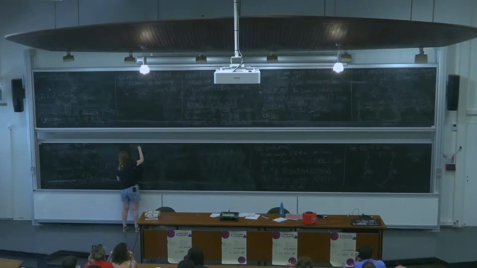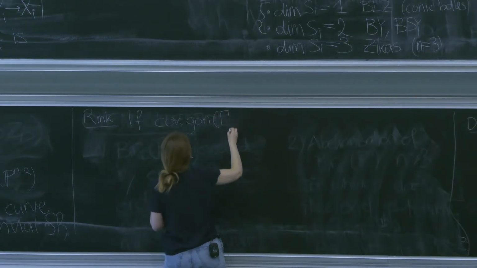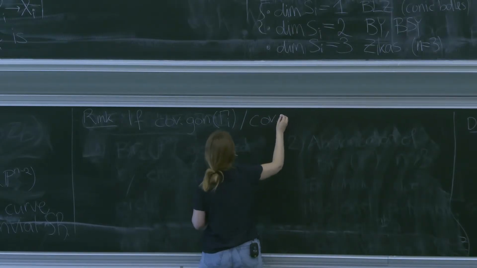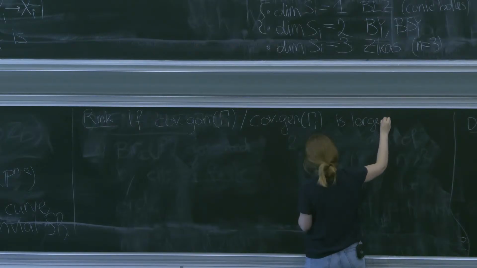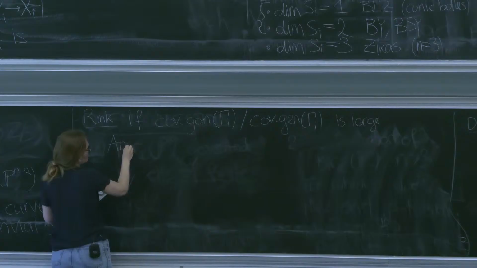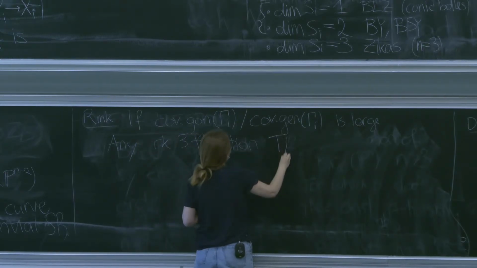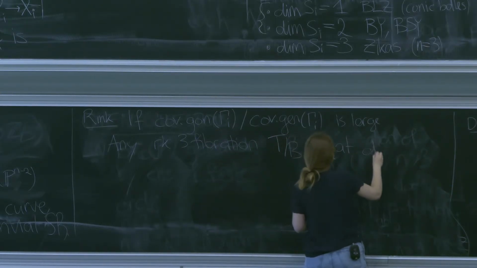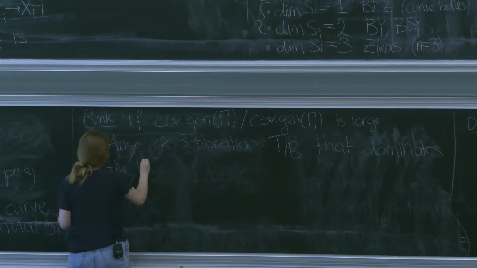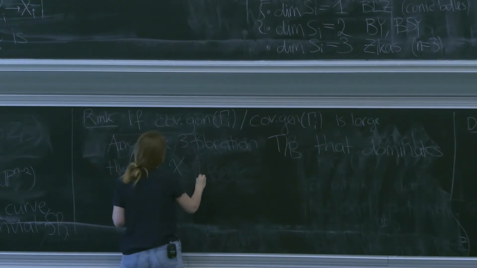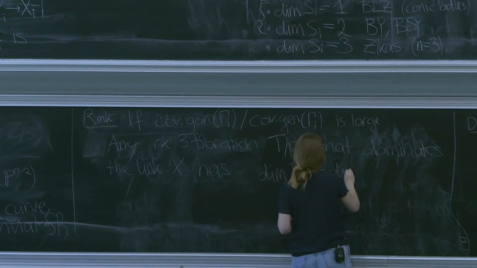Remark: if the covering genus or gonality of the center that we blow up is large, then any rank 3 fibration P over B that dominates the link chi has that the dimension of the base is equal to the dimension of the base of the link.